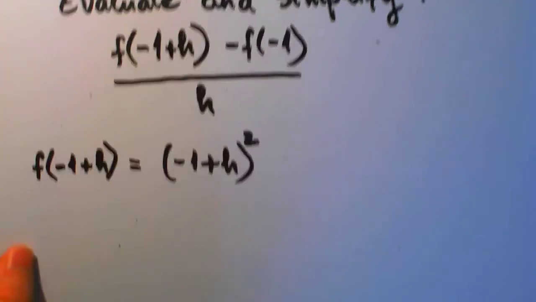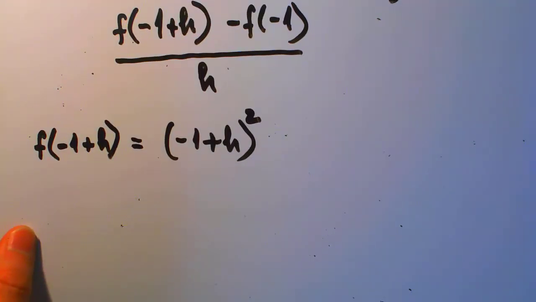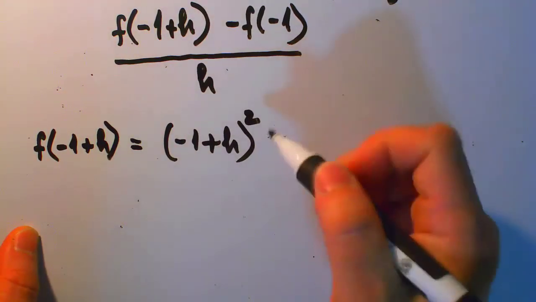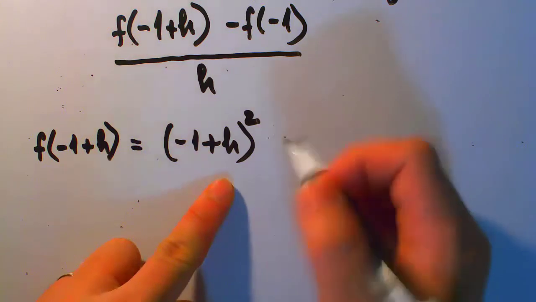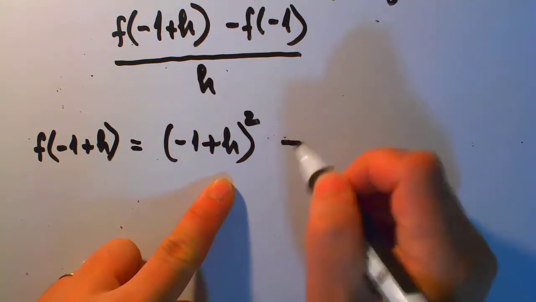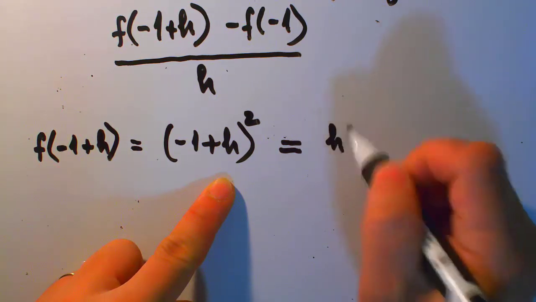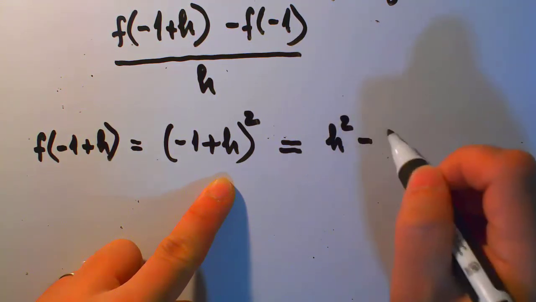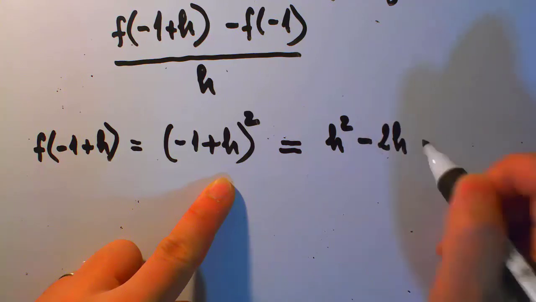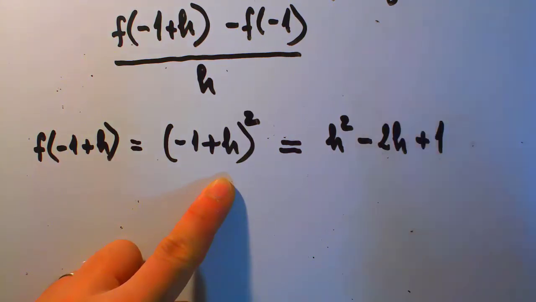And back into the problem, f of negative 1 minus h equals negative 1 plus h all squared. The following work is going to take you to h squared minus 2h plus 1.